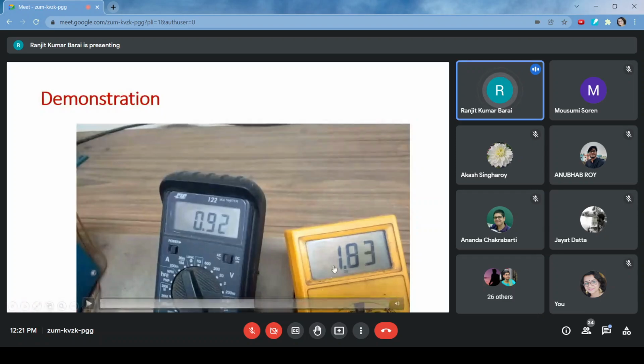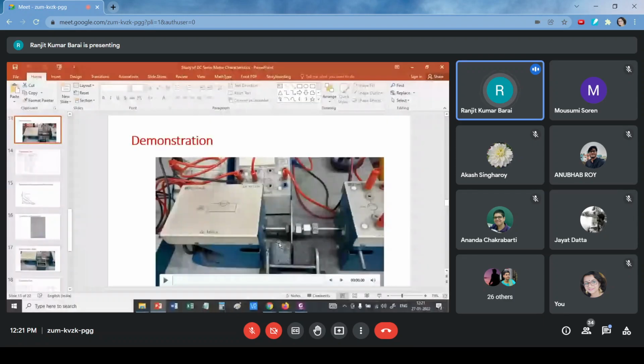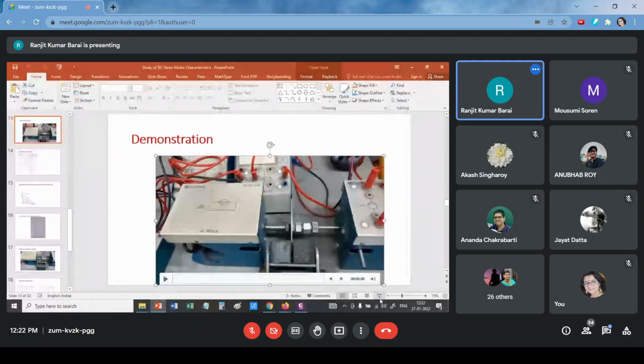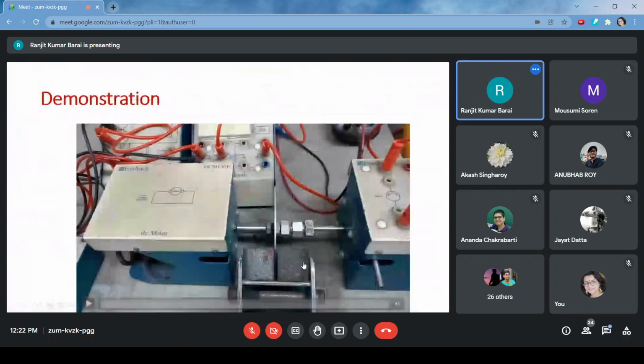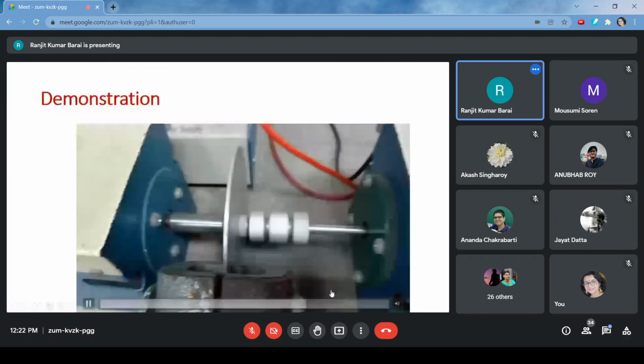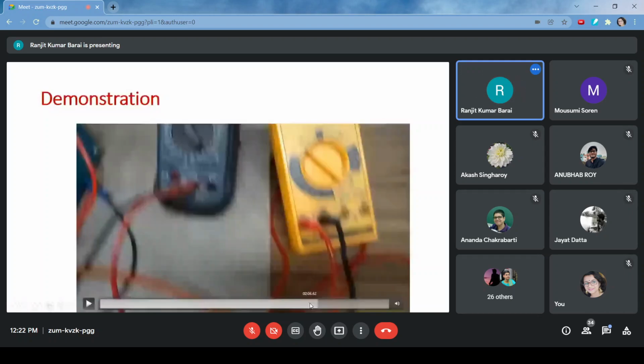This is, I think, the armature voltage reading. And I cannot remember right now, and audio is not coming. Difficult. So three multimeters were there. And this is the tacho.